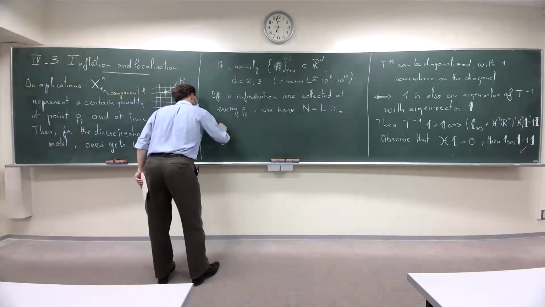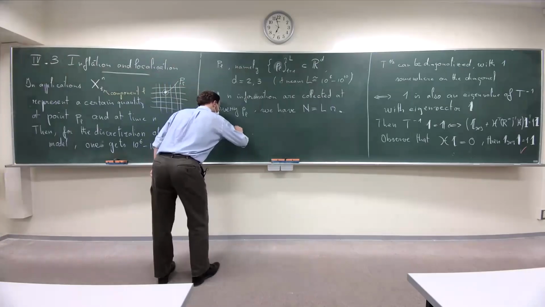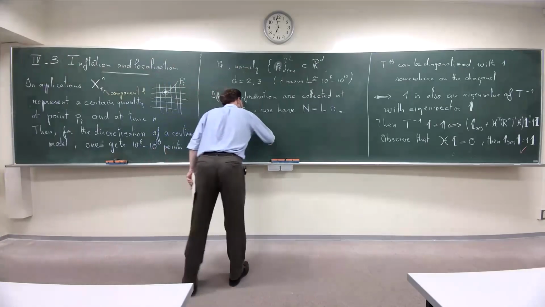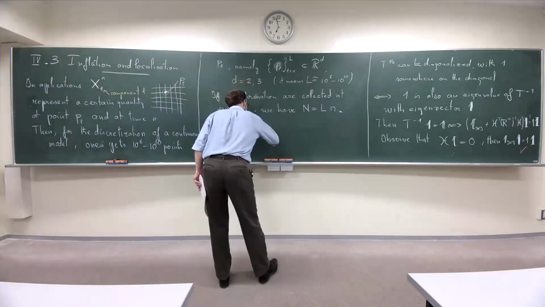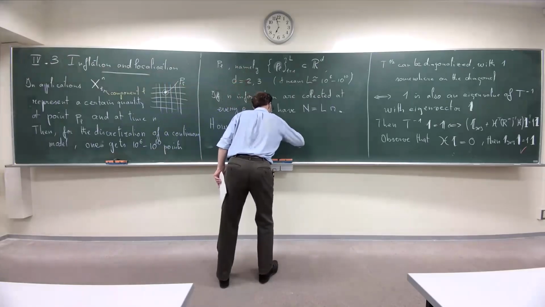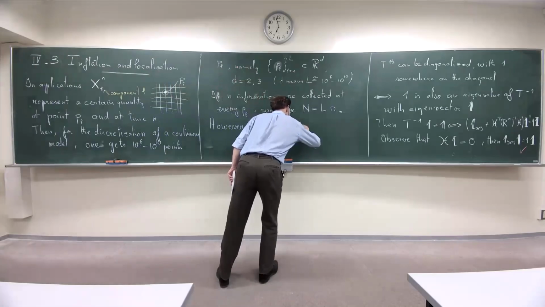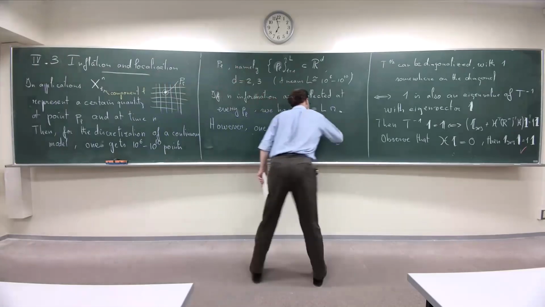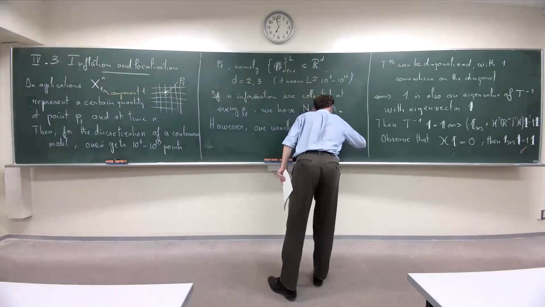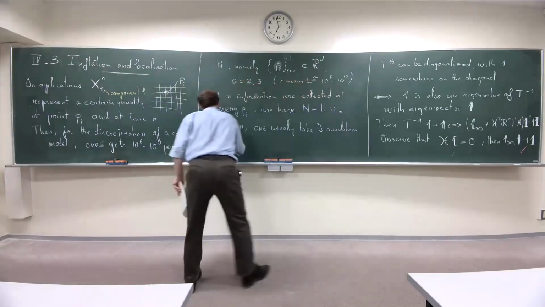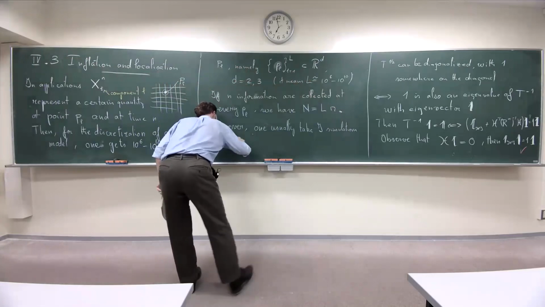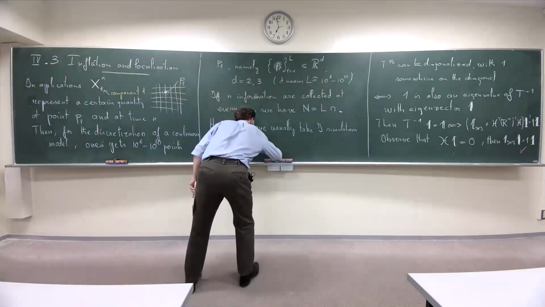However, as I already mentioned, one usually takes J simulations, where J is of order 1 to 100.